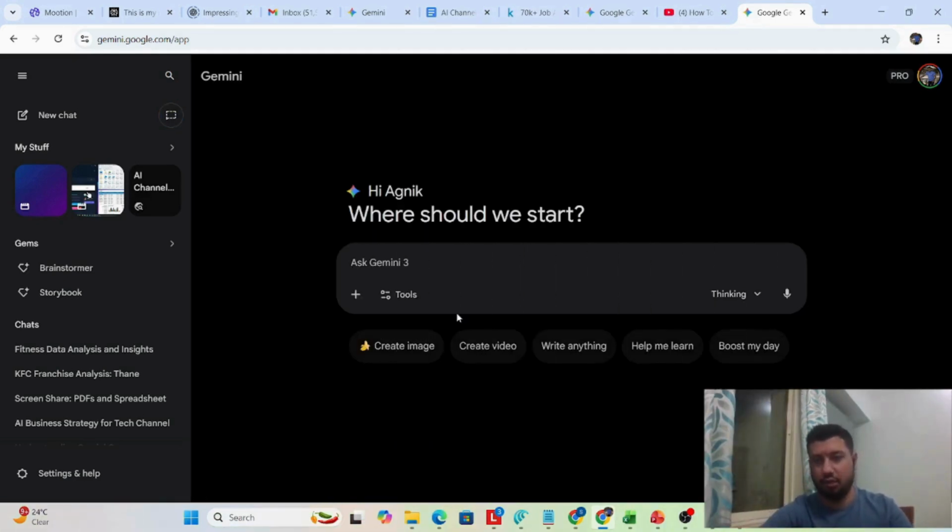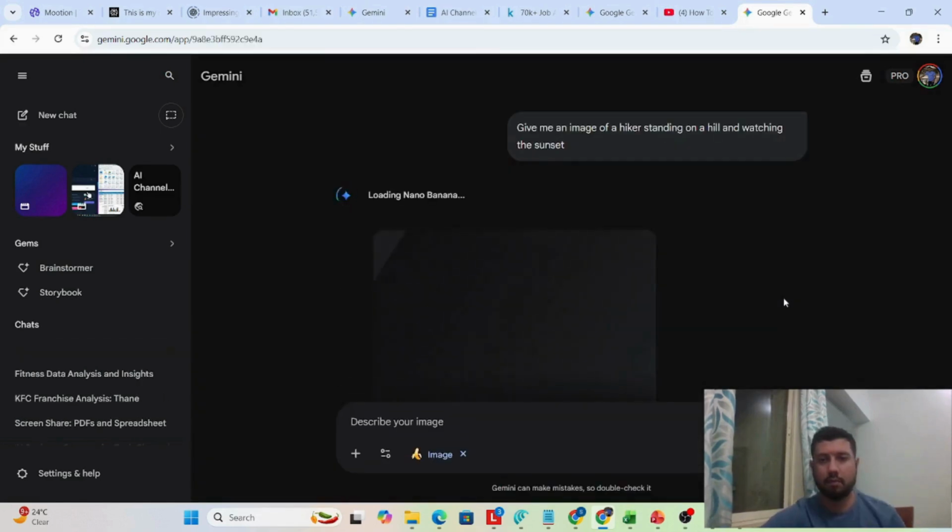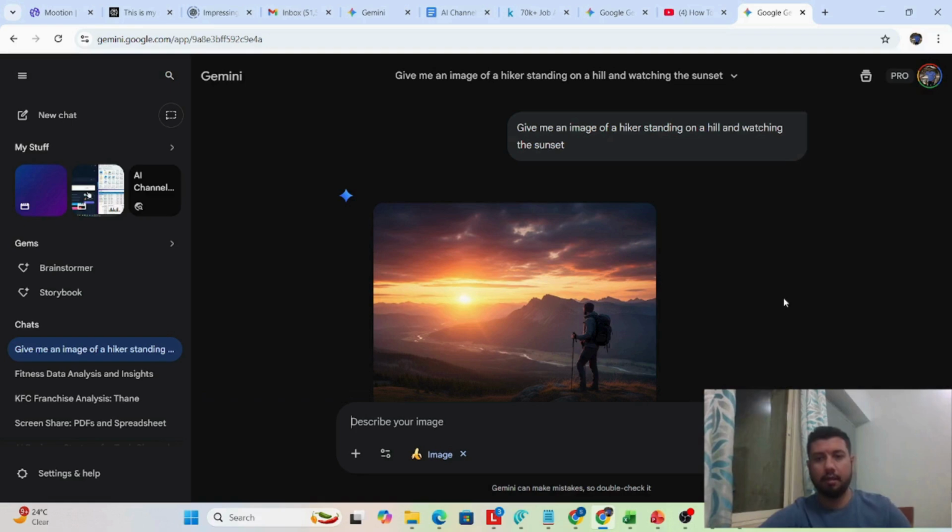Now I will use Gemini to create images. Give me an image of a hiker standing on a hill and watching the sunset. So this is where I will click on create image, and this can be fast, and let me submit. It is quick, and see, this is where the image has been created.